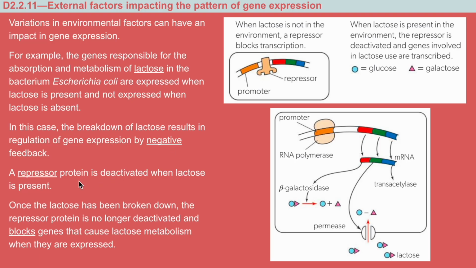We have a repressor protein that gets deactivated when lactose is present, so it's no longer going to repress the formation of lactase, and so lactase is able to be produced. Once the lactose has been broken down, though, the repressor protein is no longer deactivated, so it's once again going to block the formation of lactase by blocking the transcription of the gene that codes for lactase.